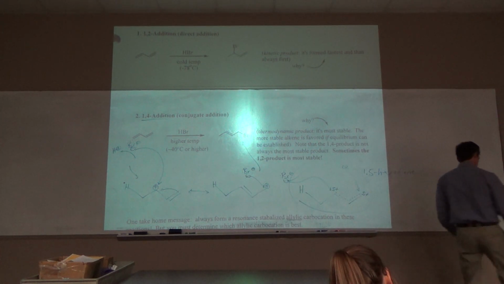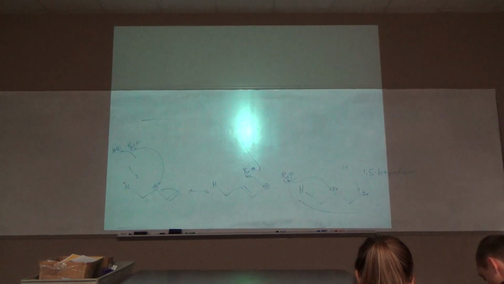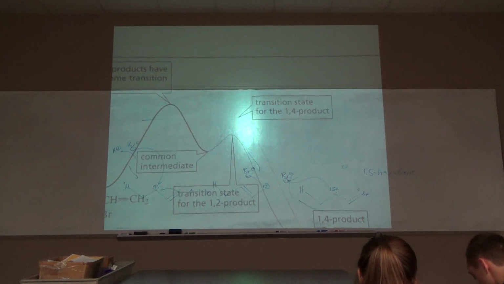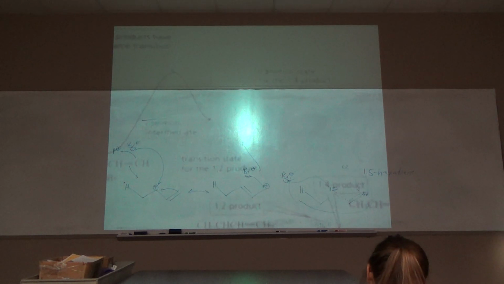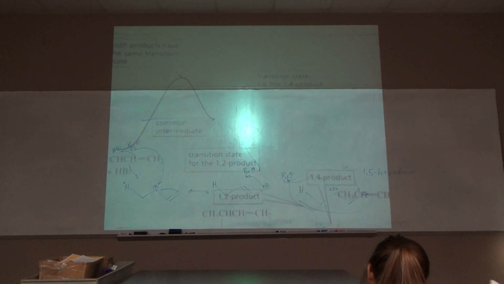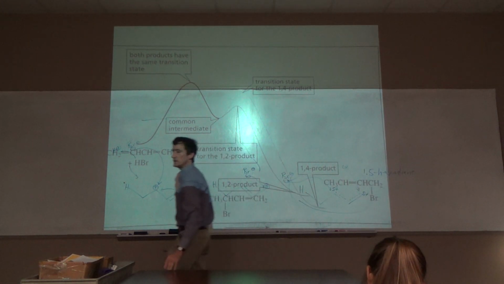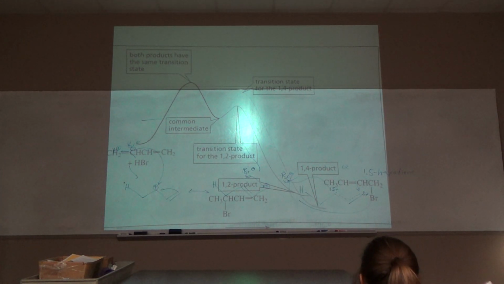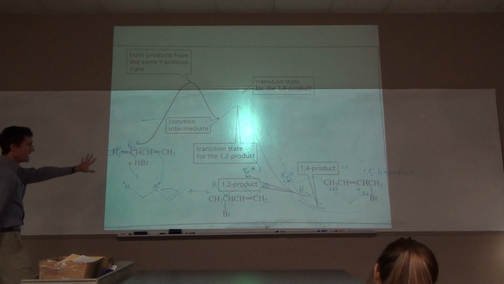Let's look over here and look at the reaction coordinate diagrams for this. They're both on the same page here. This page was actually included in the earlier alkene handout. Here's the exact reaction we just did.